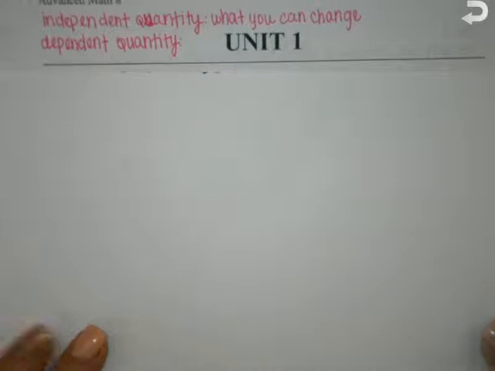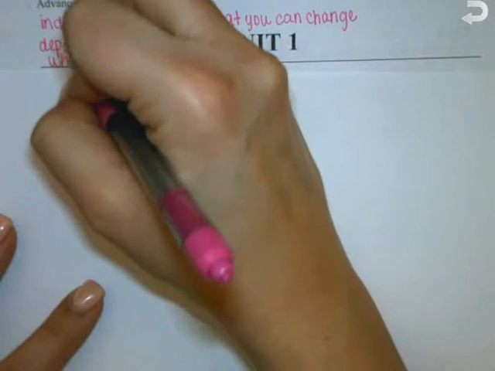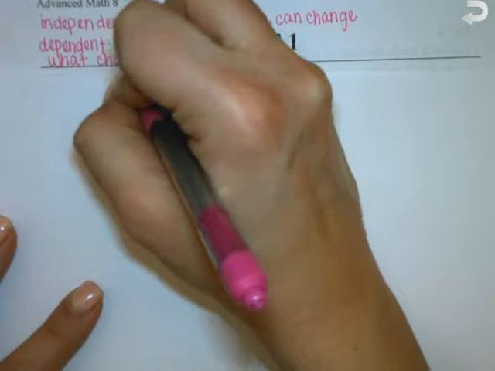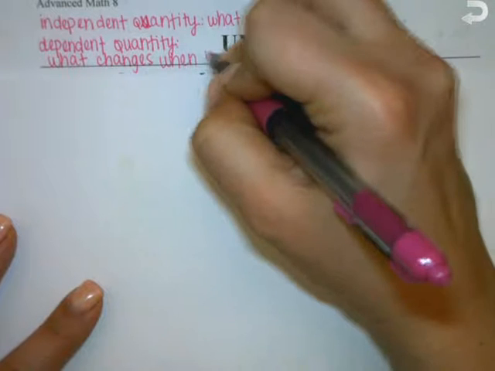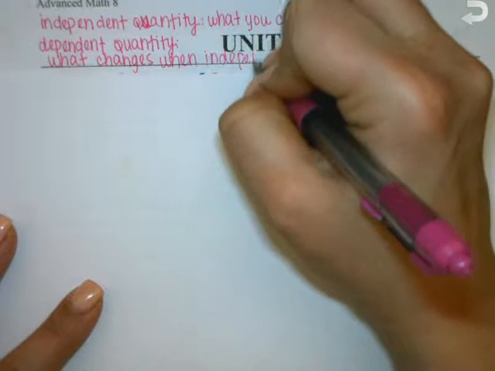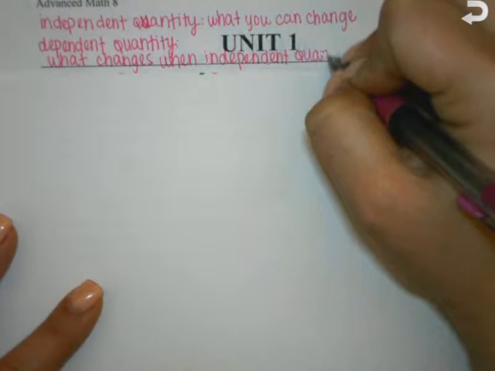is what changes when the independent quantity changes.